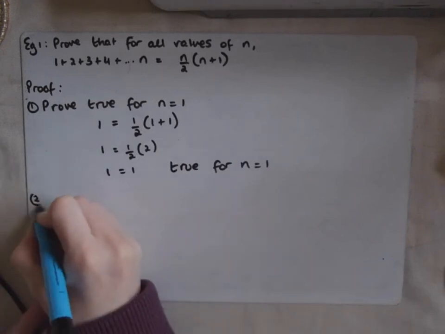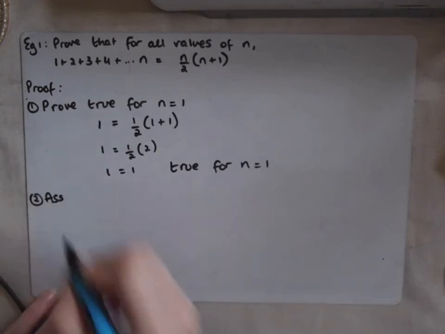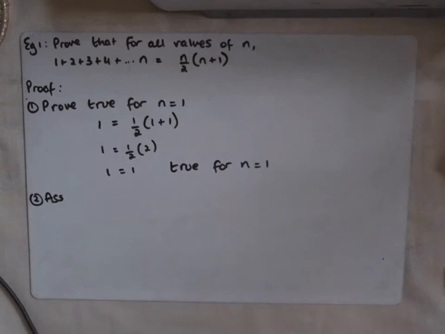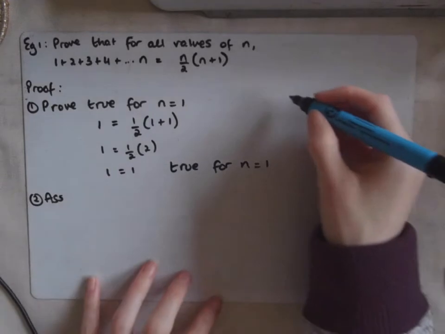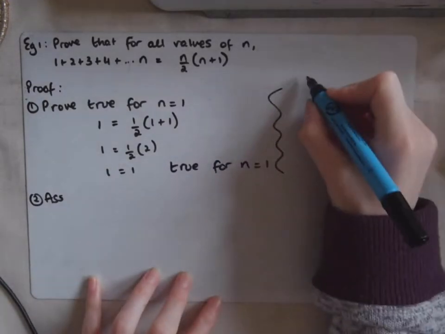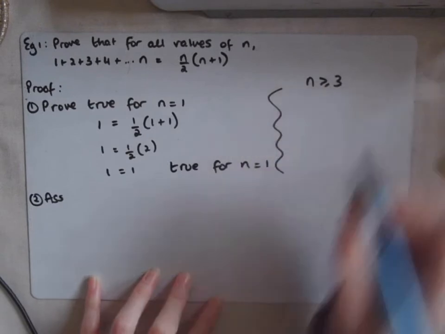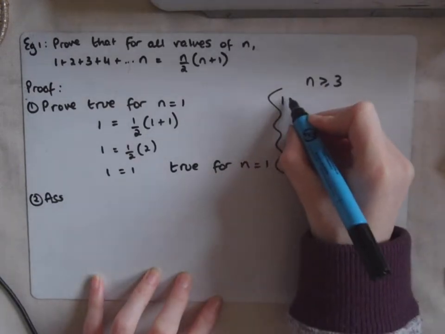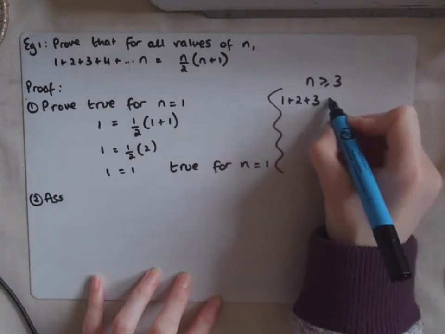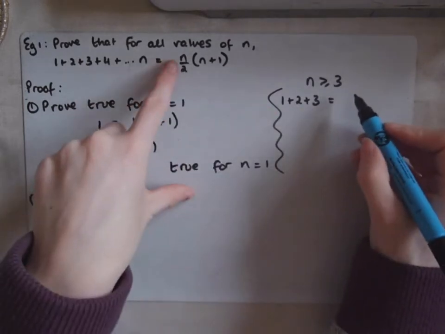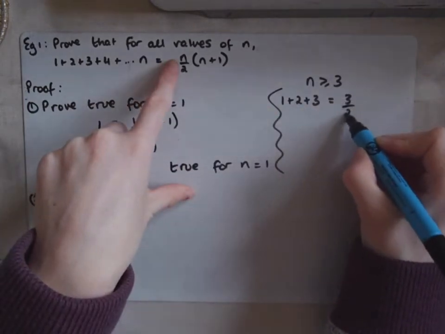My second step is assume. If you were doing 1 plus 2 plus 3, what do you put into the other side of the formula? Let's pretend, this isn't part of it, that it's for all values of n greater than or equal to 3. So on this side I'd have 1 plus 2 plus 3 is equal to, on this side I have n, which is equal to 3.